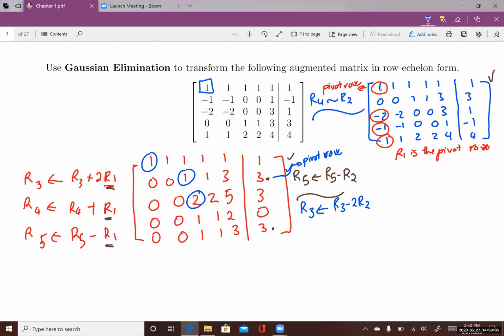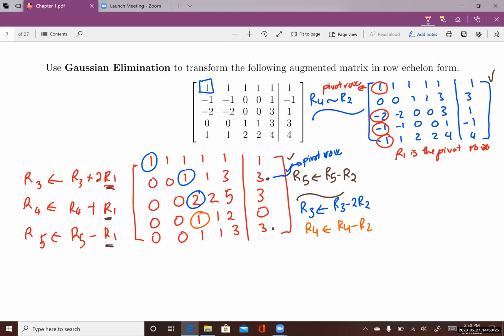And how about row 4? You have to do the same thing: use row 2 to zero out this entry. So I need to transform row 4 by taking row 4 minus row 2, because 1 minus 1 is 0.